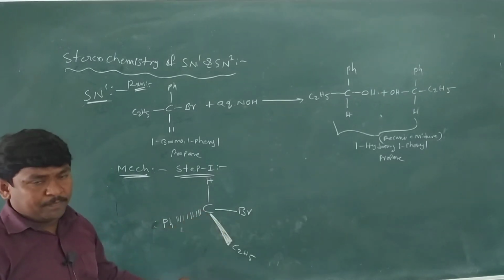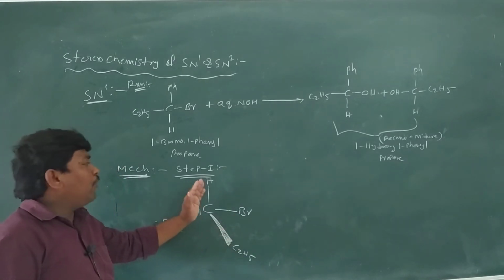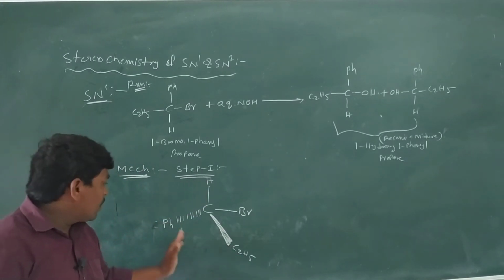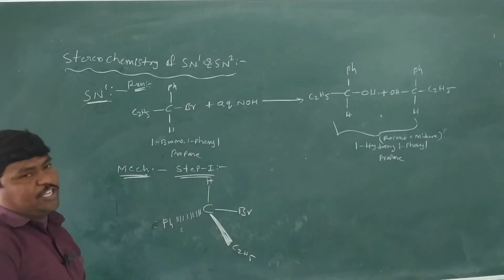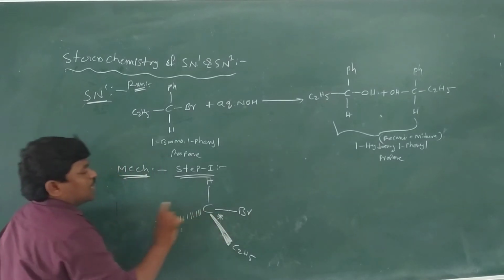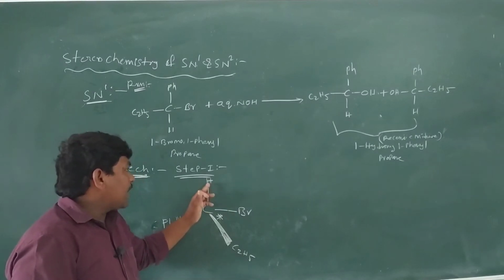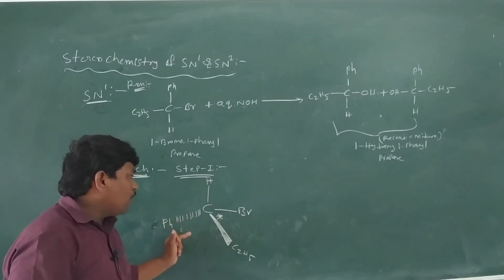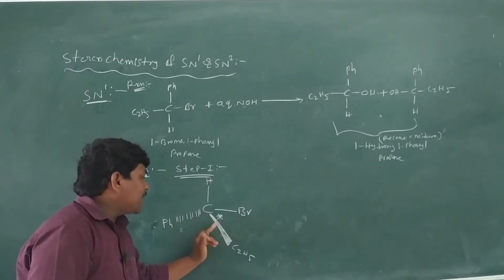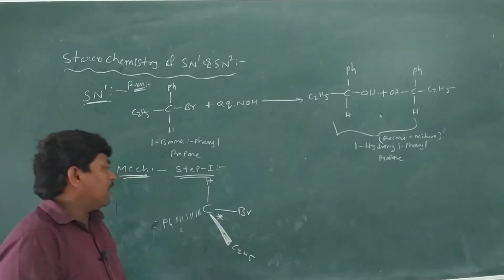Carbon is the central atom: bromine above the plane, hydrogen below the plane, C2H5 on the front side, phenyl on the left side. So this is a chiral compound. Chiral compound means the carbon is attached with 4 different atoms or groups. The chiral center is indicated by a star.